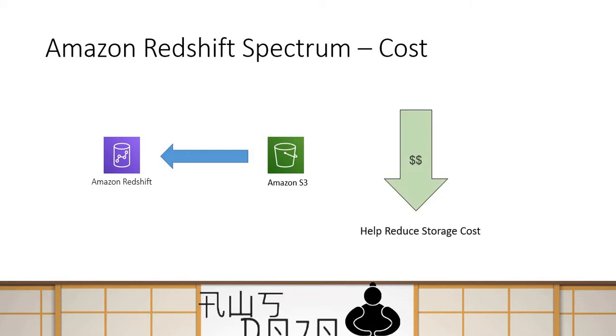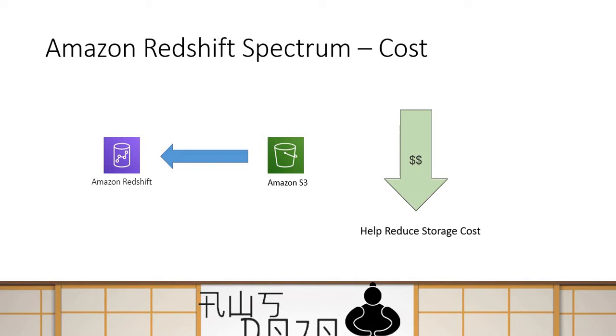One parameter is that when you're offloading your storage to S3, you don't need to buy an additional node for the storage, so you're not paying for that additional node.